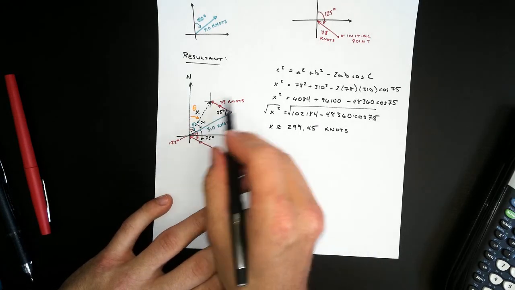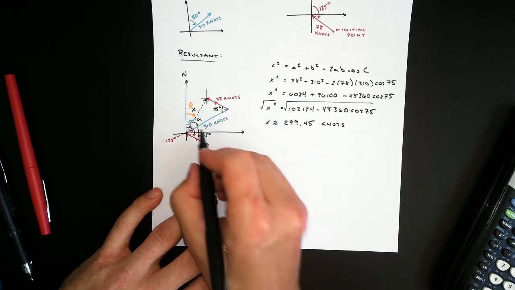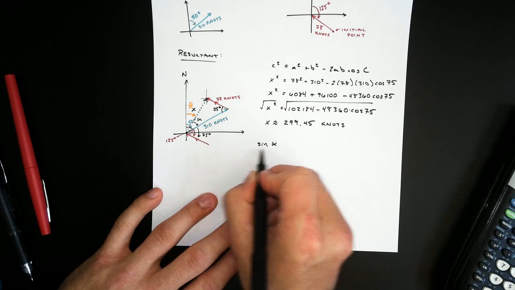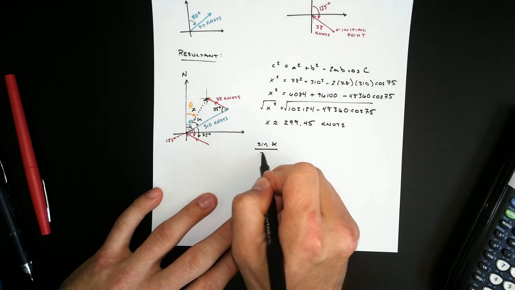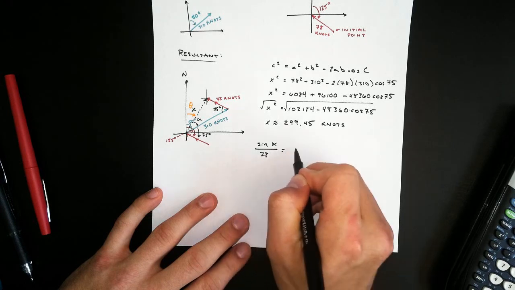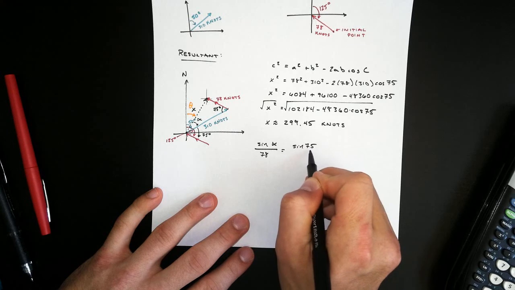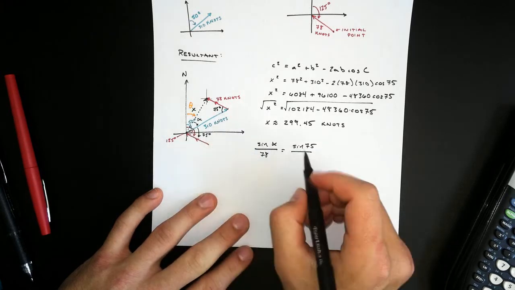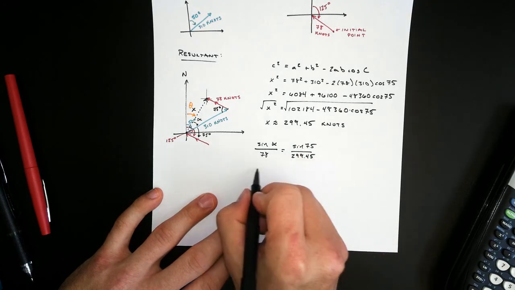And now that I know all three sides and I know one of the angles, I can use the law of sines to find that angle. So we have the sine of an angle, and then we divide that by the side across from that, which is 78. And then we're going to do the sine of another angle. The only other one we know is the 75, divided by the side across from that, which is our 299.45.